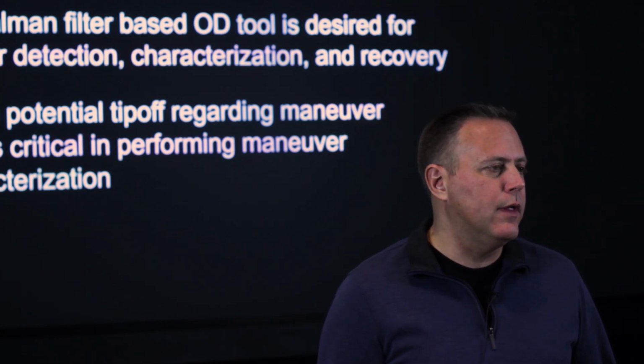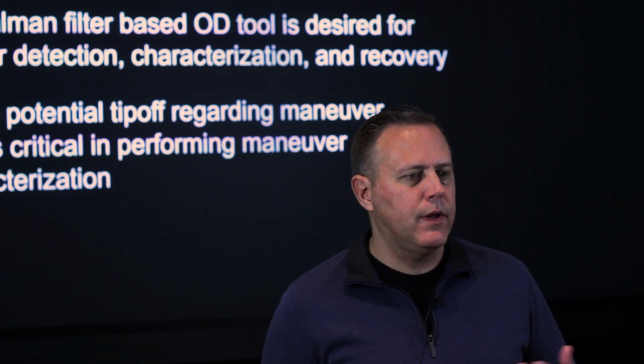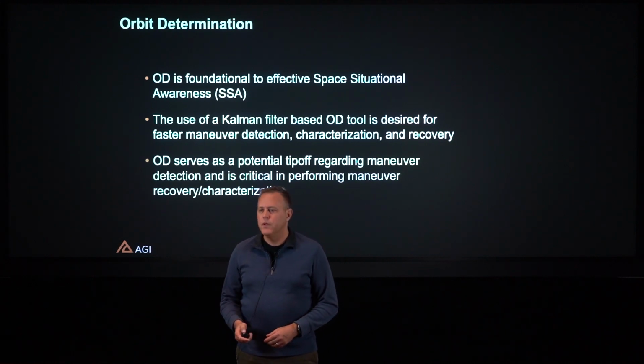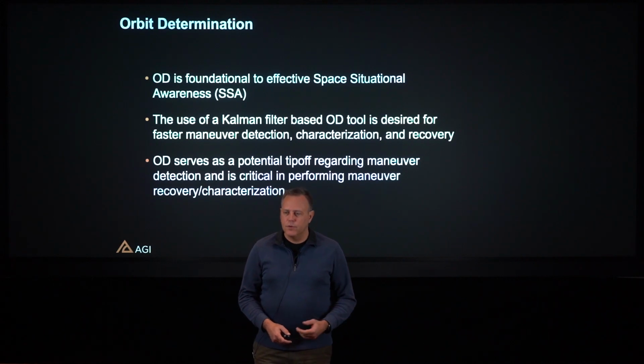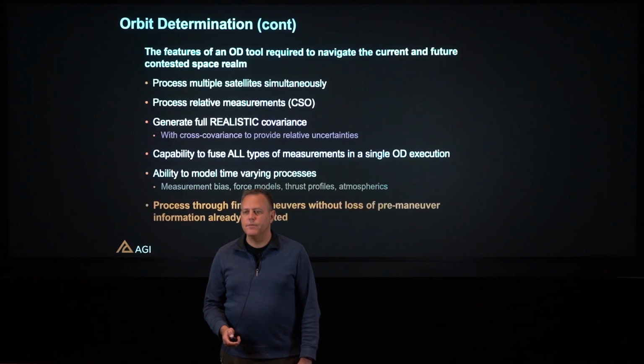As a result, we can use that maneuver information as a tip-off for indications of what a particular spacecraft may be trying to do. So we're going to take a look at this problem in more detail and talk about some of the technologies and approaches for how to handle the maneuver processing or maneuver estimation problem.